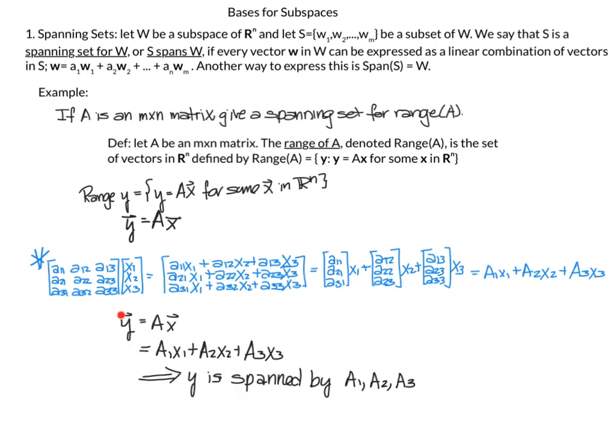So that tells us y equals Ax is equal to the column vector A1 times x1 plus A2 x2 plus A3 x3.